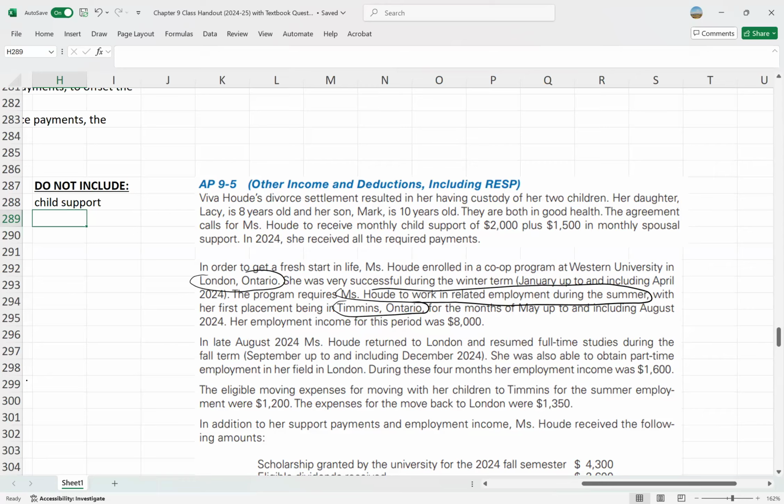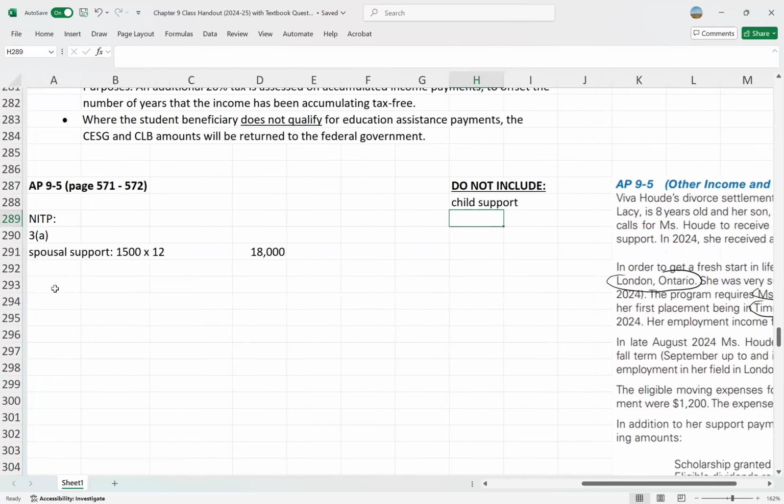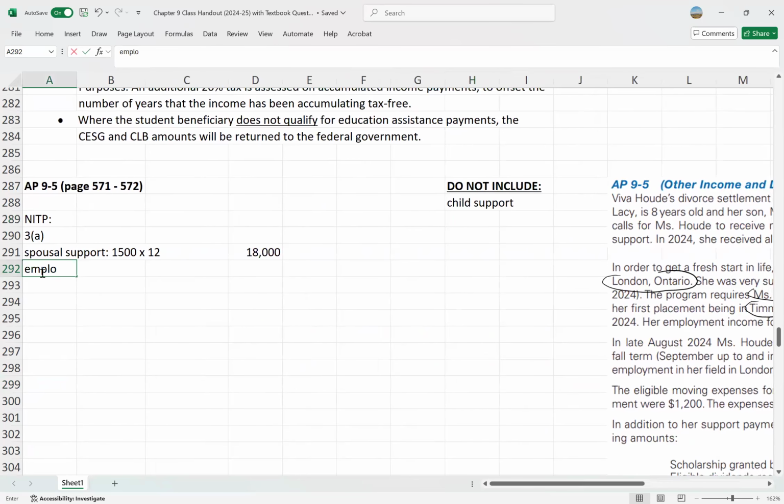During the summer months, May to August, she earned $8,000 in employment income while working at the co-op position in Timmins. So let's add the 8,000 to her employment income, when she was in Timmins.